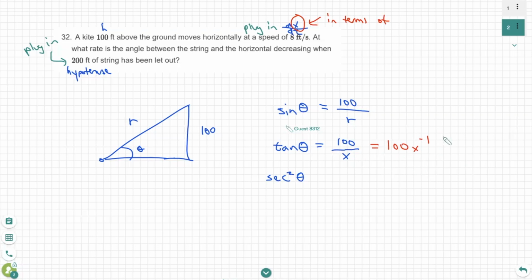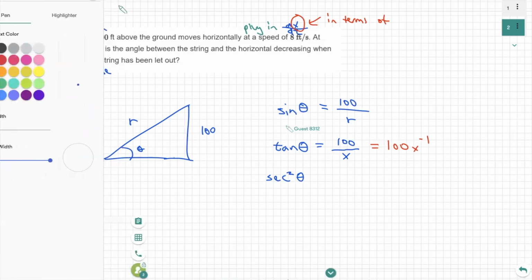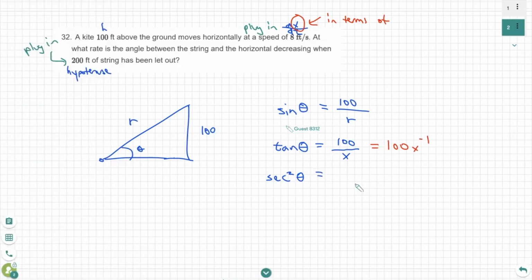Okay, and if you differentiate that, what do you get? You bring down the negative 1, so it'd be negative 100, and then x to the negative 2. And x to the negative 2 is just 1 over x squared. So secant squared theta is equal to 100 over x squared.